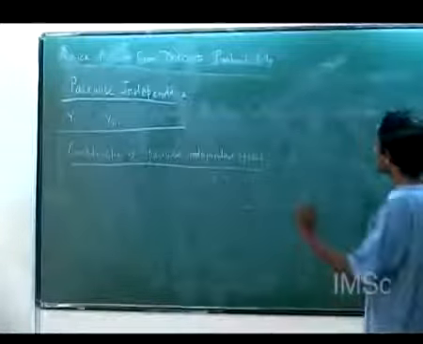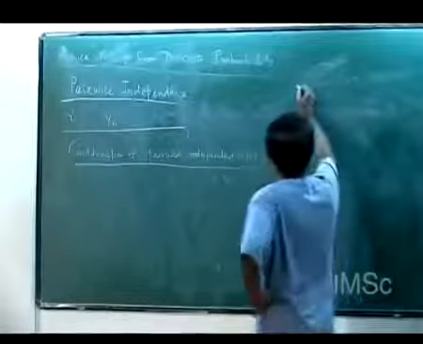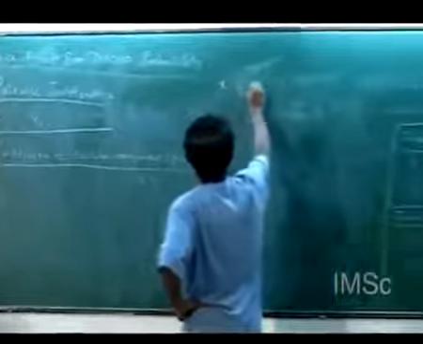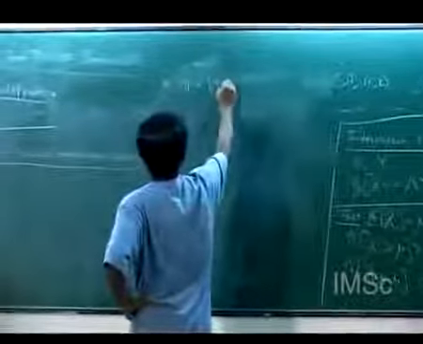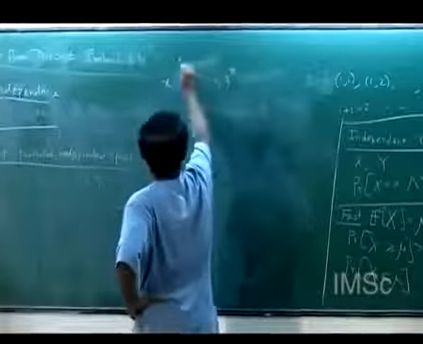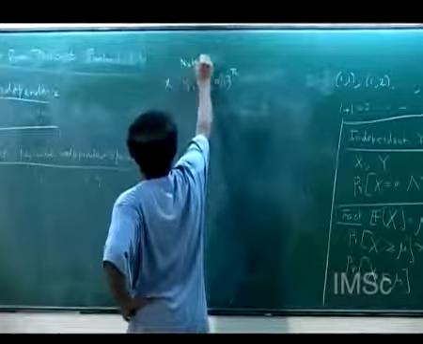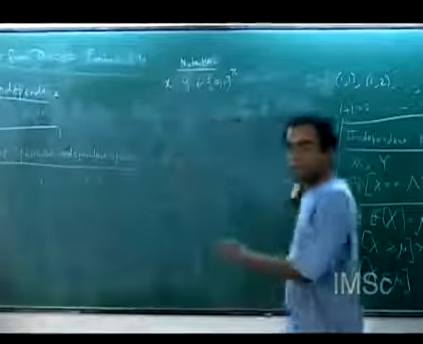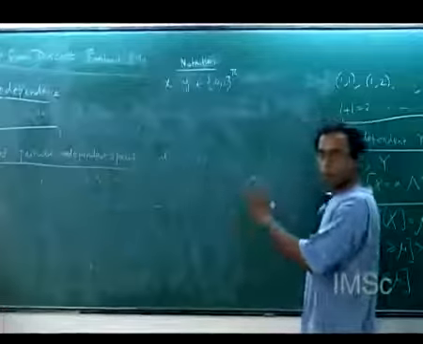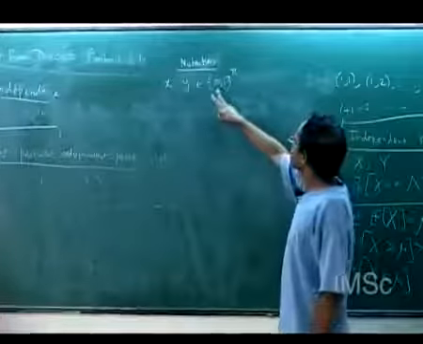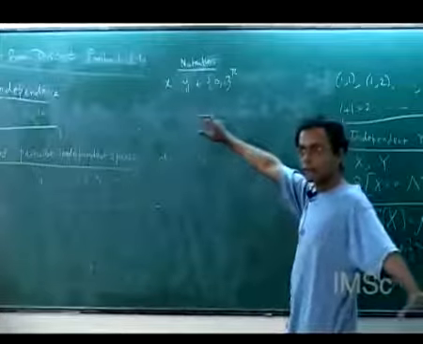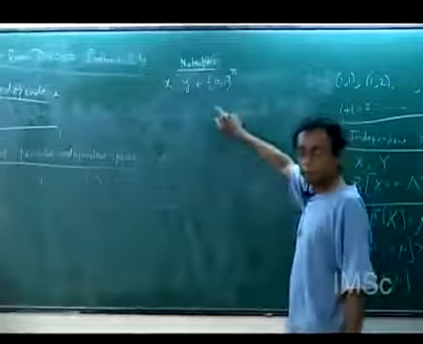Before that, I just want to introduce some notation. Let's say x and y are two vectors of r bits. You understand what I mean by that? These are like the set of all strings of 0, 1 of length r, so you have 2 power r of them.